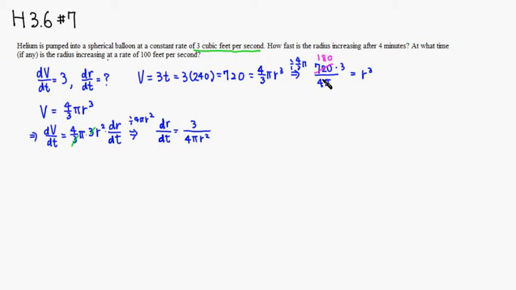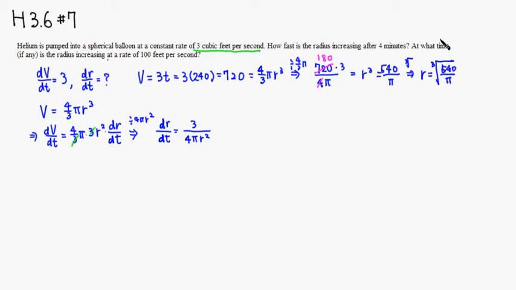So we have 3 times 180 is 540, so r cubed equals 540 over pi. Then we can take the cube root of both sides, so r is the cube root of 540 over pi.